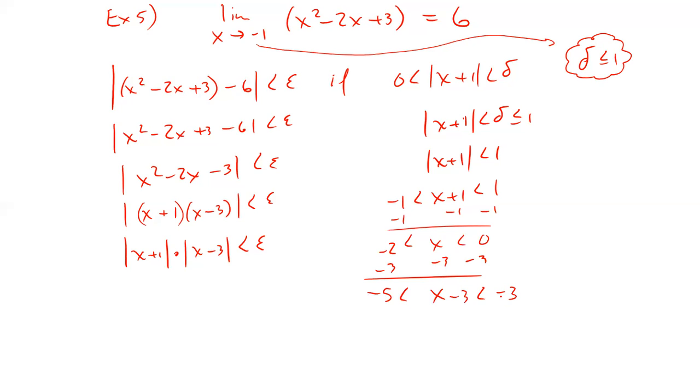Good. So let's see if this makes sense. The absolute value of x minus 3 would be less than 5, or the other one would be less than 3, right? I'm going to use the widest possible value, which is this one right here. That's the one I want.